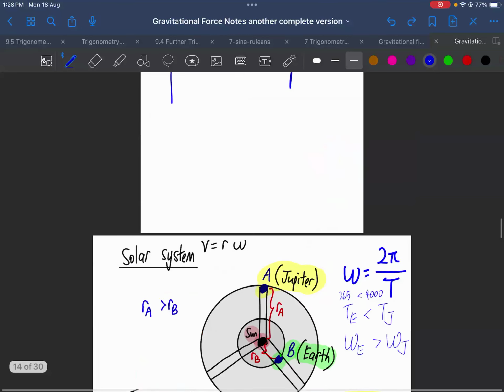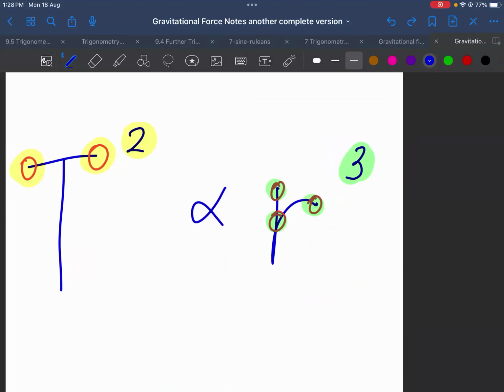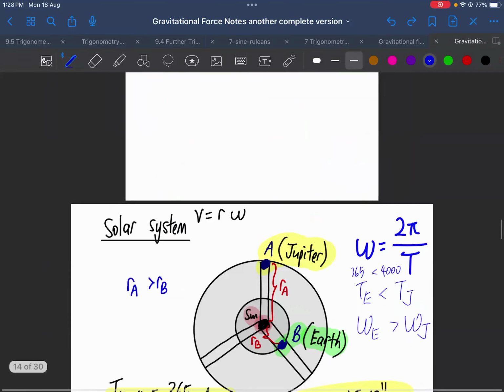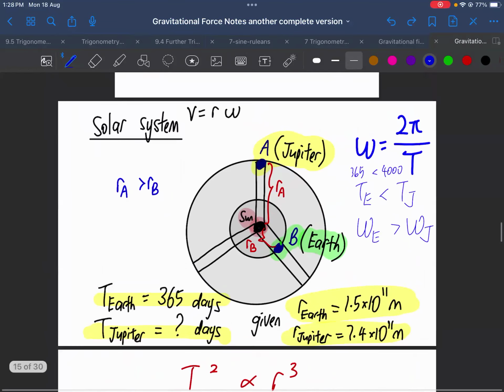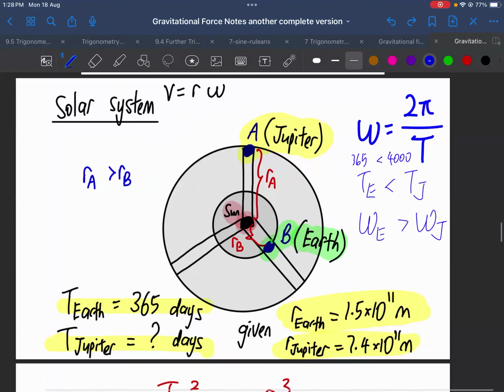Now a student might ask me, fine, what's the importance of learning this, T squared is directly proportional to R cube? Well, if I tell you the radius of the Earth is 1.5 times 10 power 11 meter, and the radius of Jupiter, by the word radius, I'm actually referring to the distance between the Earth and the Sun, and also the distance between Jupiter and the Sun.